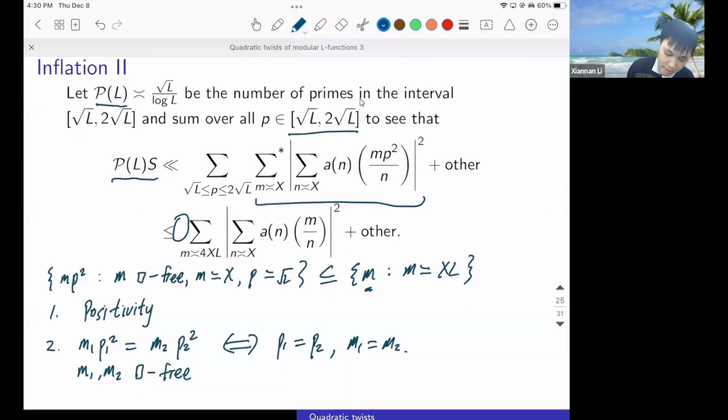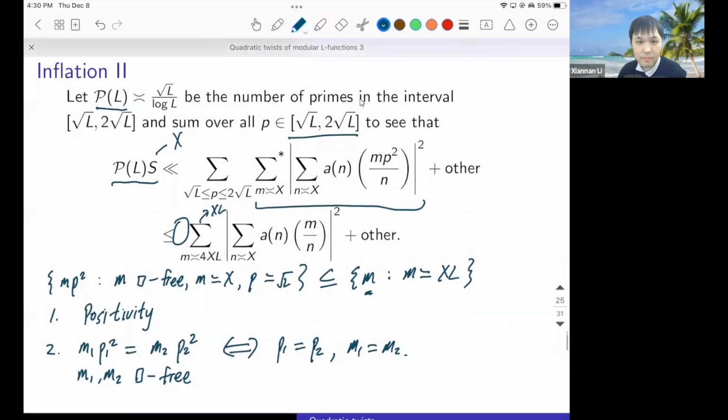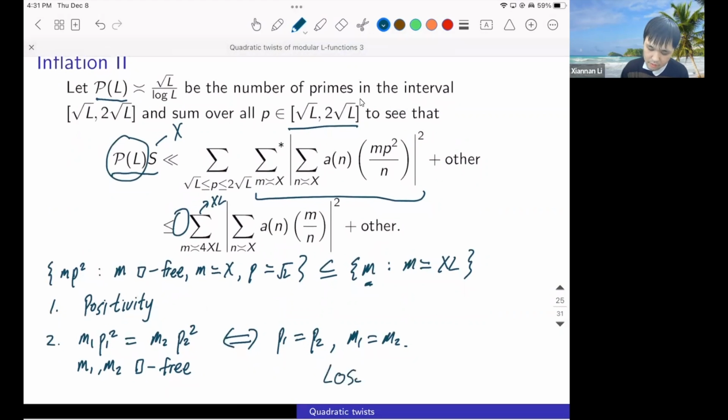The sum S is of size x, but this is of size x times L. And we get x times L just from the diagonal term. So if you inflate by too much, you lose a lot. I can also divide through by P of L, but P of L is only like root L, right? So we lose a root L in the process of inflating.